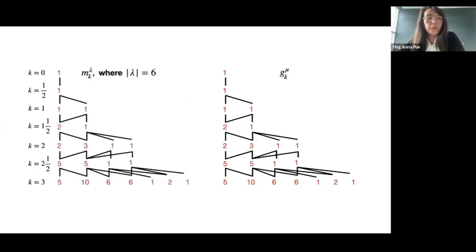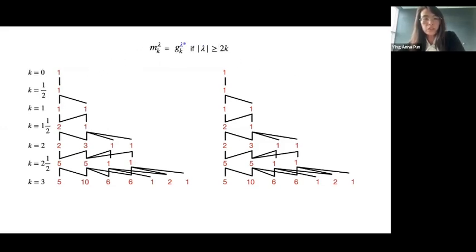Now, if you remember our previous diagram, when my lambda is a partition of 6, you can see that these two are exactly the same thing. Here, when I say lambda star, I'm just saying the partition obtained from lambda by removing the first row. That's what this notation is.